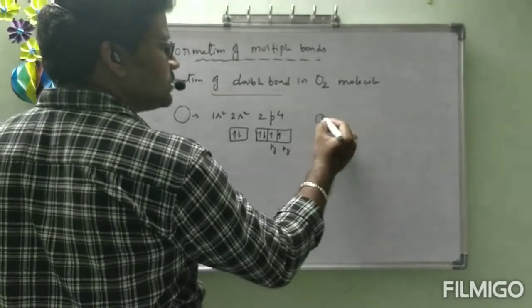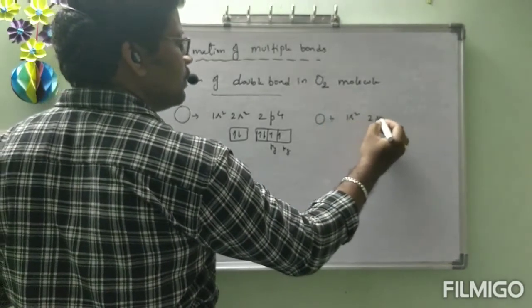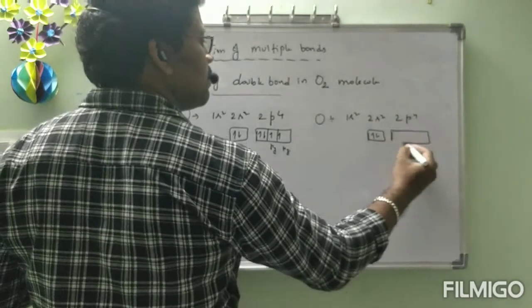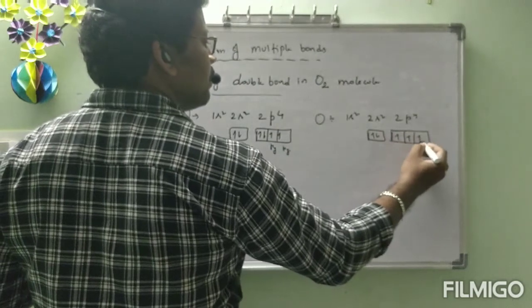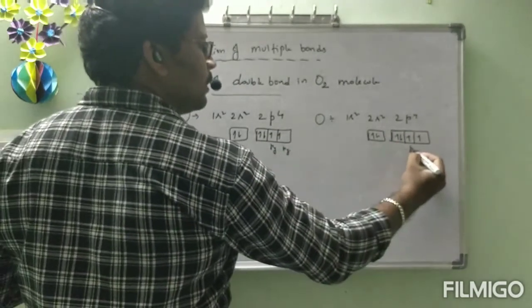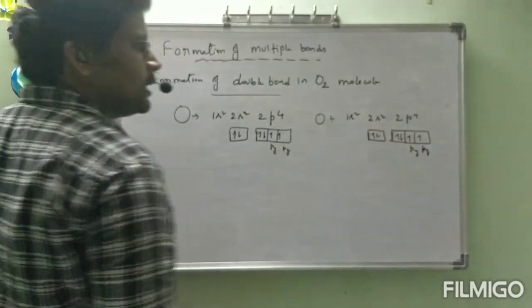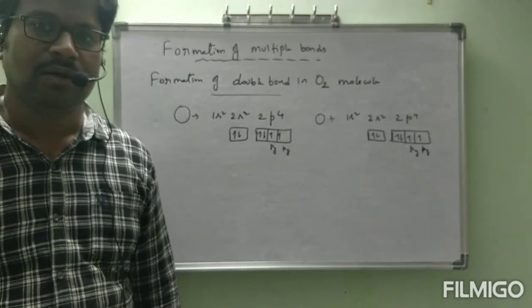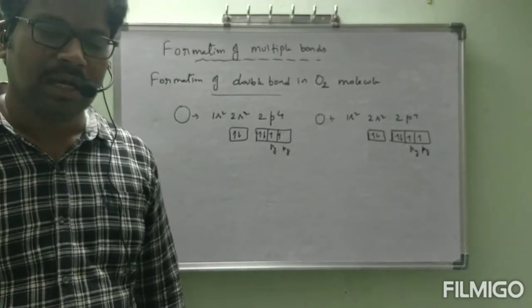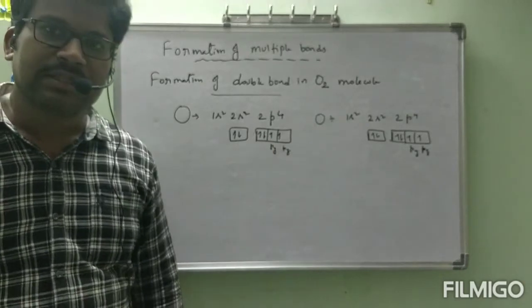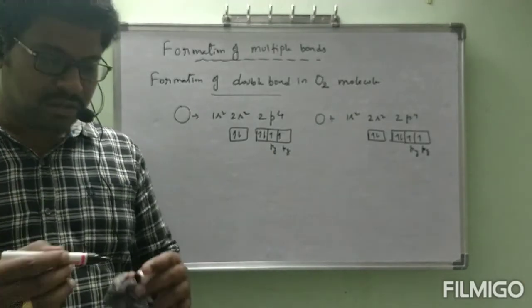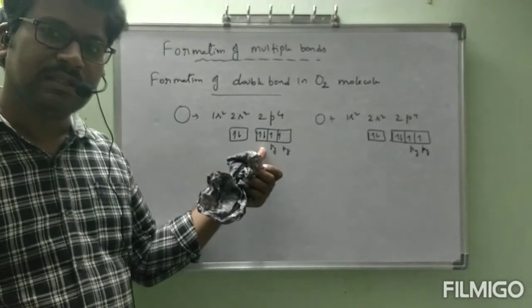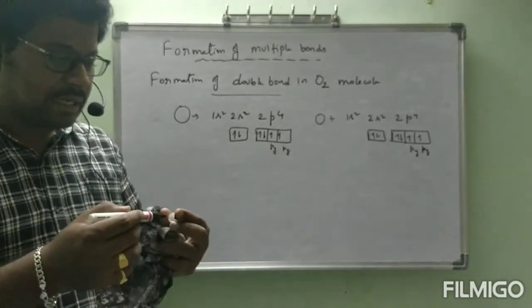Next, another oxygen, same, 1s2, 2s2, 2p4. In which orbitals unpaired electrons are present? Py and Pz. Only two orbitals contain unpaired electrons, correct? So we have to take the help of two orbitals only. The third orbital has lone pair of electrons. Is it correct, ma? Okay, let us see.